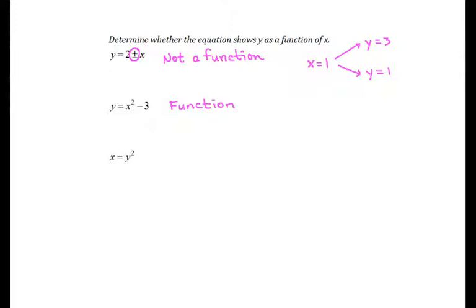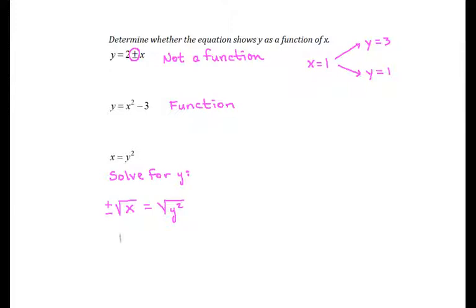It's the third one where when we start solving it for y, we have to introduce that plus or minus symbol. So when I solve this for y, I would take the plus or minus square root of both sides, and I really only have to put the plus or minus on one side, or else it becomes redundant.